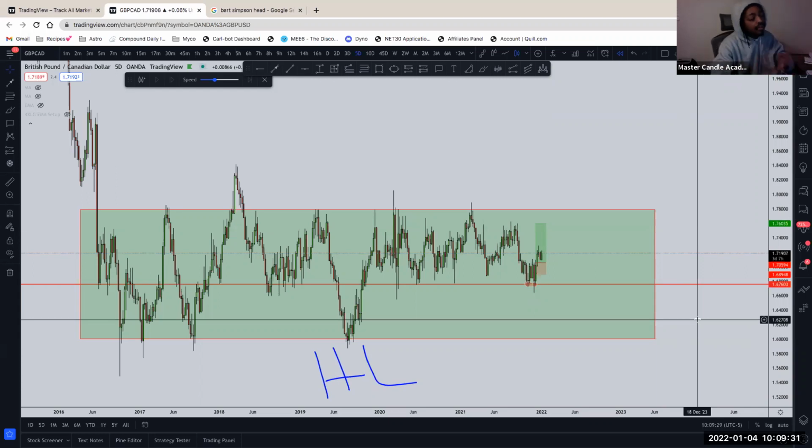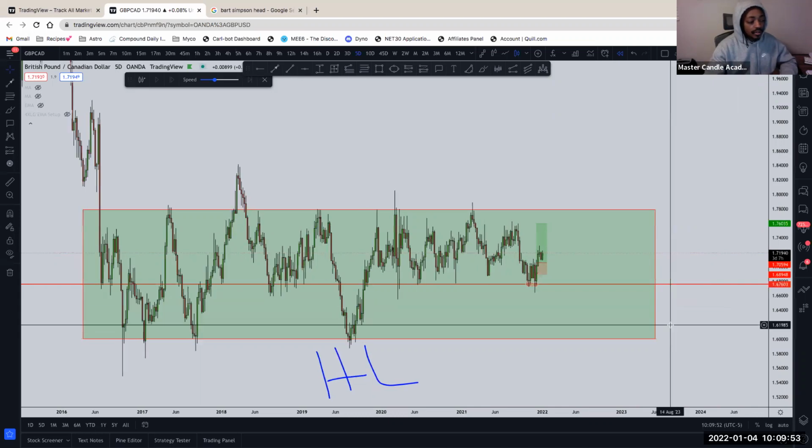Now we've already known how to enter the market for months. We already know how to identify our engulfing patterns. We know how to identify consolidation. Now this is more so getting our eyes used to seeing the everyday reversal patterns that the market gives us, right? And understanding how to attack those patterns.